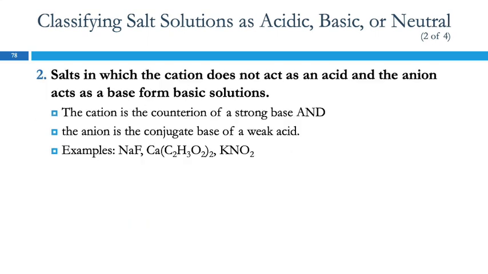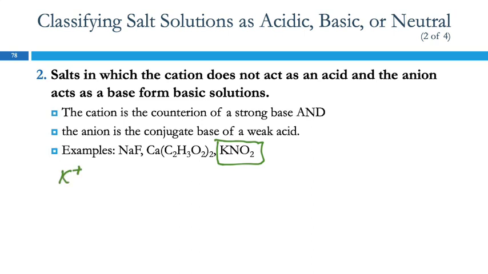We can also have a salt where the cation does not act as an acid and the anion does act as a base. So these are going to form basic solutions. I think in some ways, categorizing these makes it more confusing. So let's just look at one of these. What are the two ions?